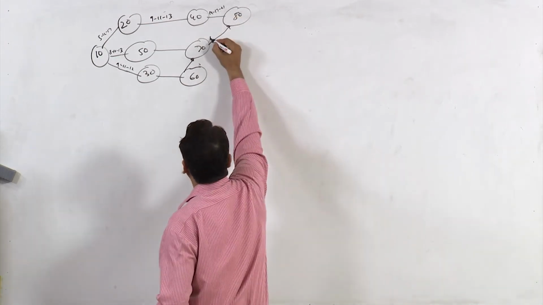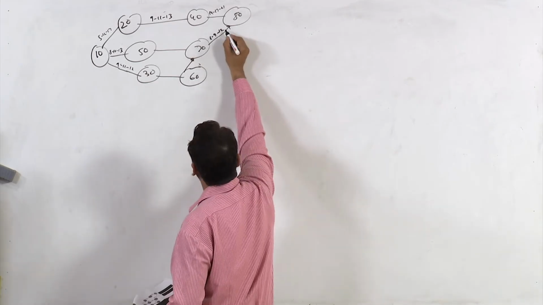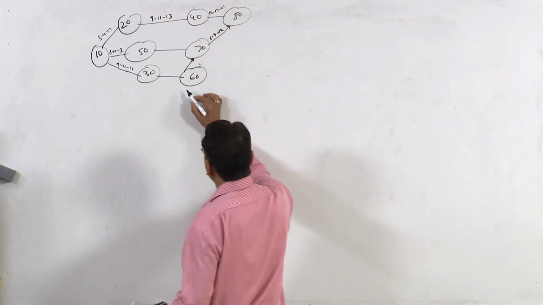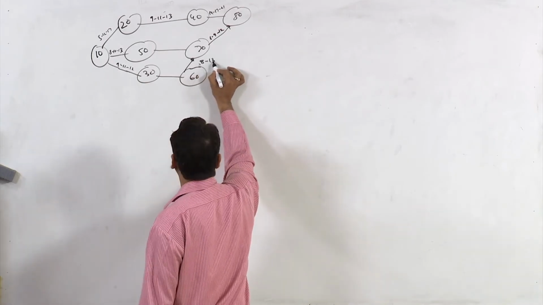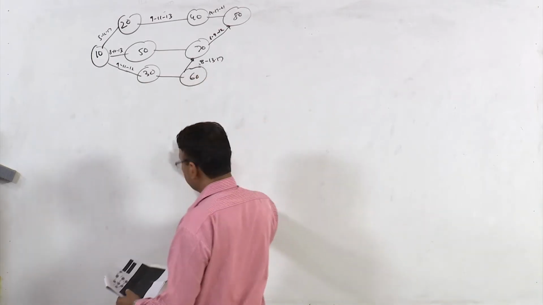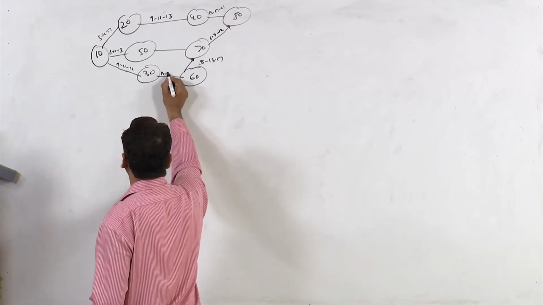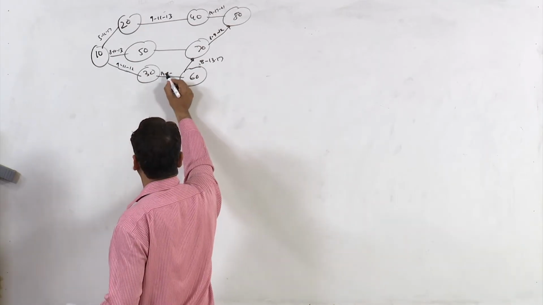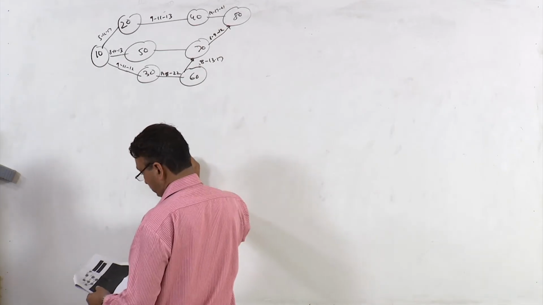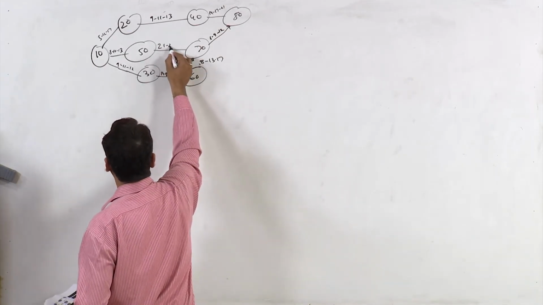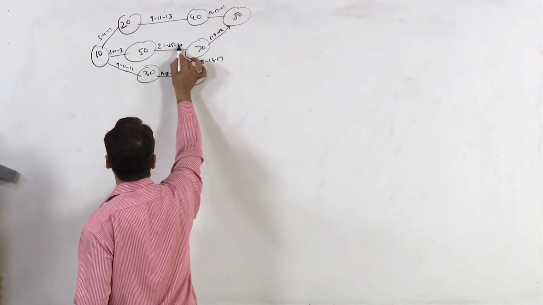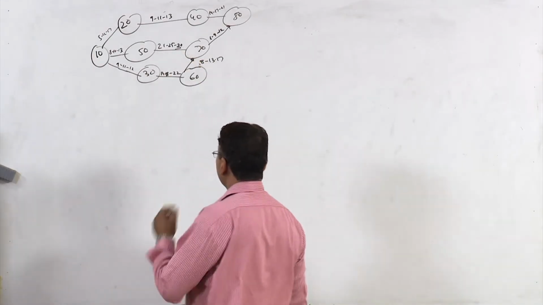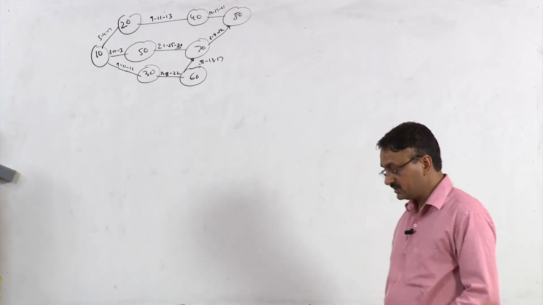You have got 6, 9 and 12. This is 8, 13 and 17, and this is 14, 18 and 22, this is 21, 25 and 30, right. So you have got all these activities.